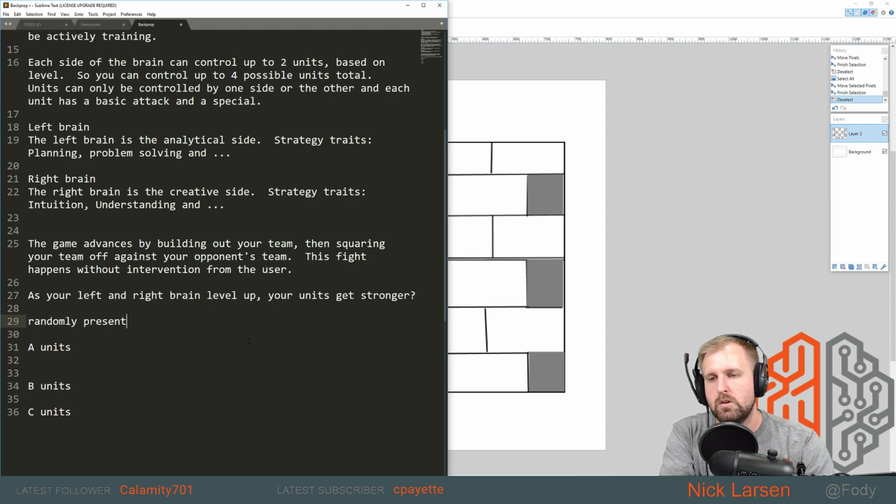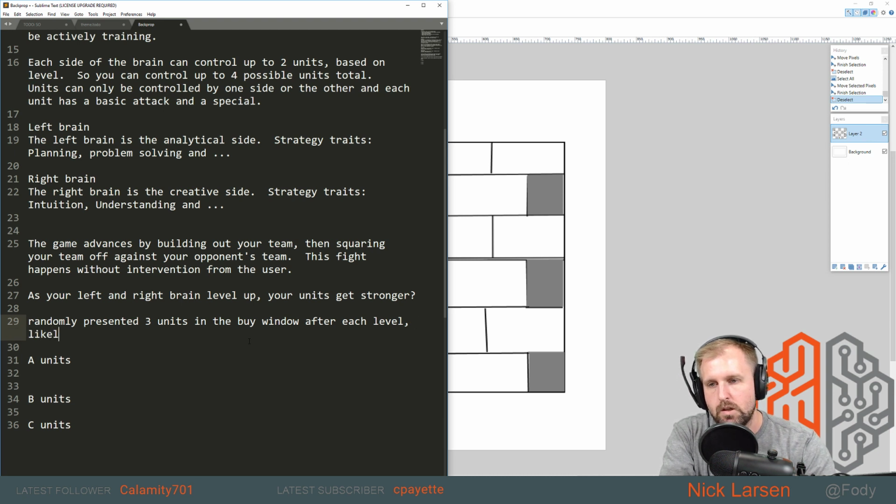Randomly presented 3 units in the buy window after each level.